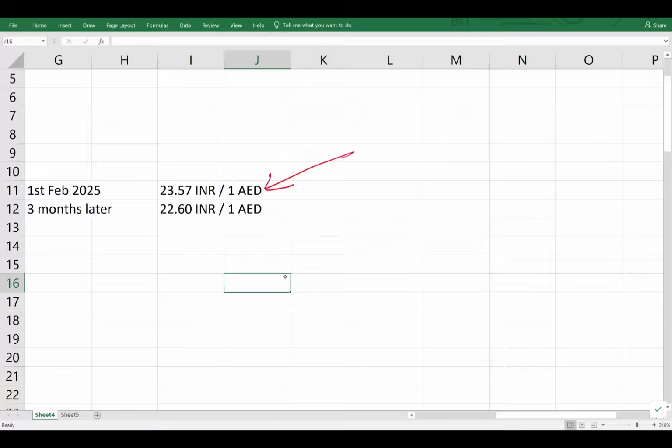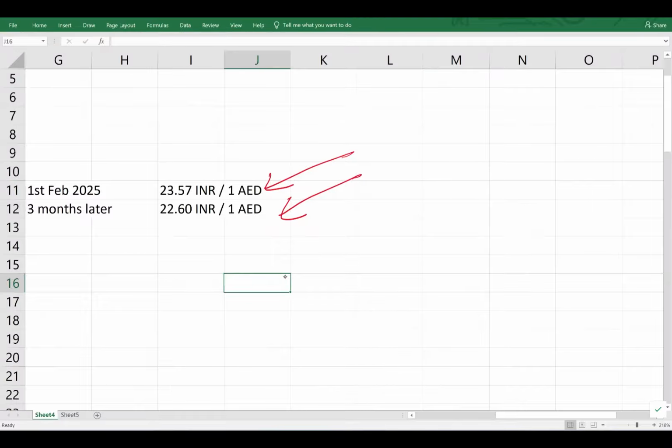If you go to exchange, giving 1 dirham, the exchange will give you 23.57 rupees. After 3 months, with the same 1 dirham, they are giving you less Indian rupee. What does that mean? That means the Indian currency appreciates its value and the dirham depreciates its value, right? Normally, in indirect quote, this is going to happen.